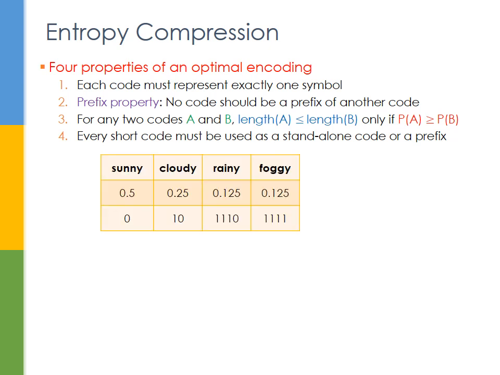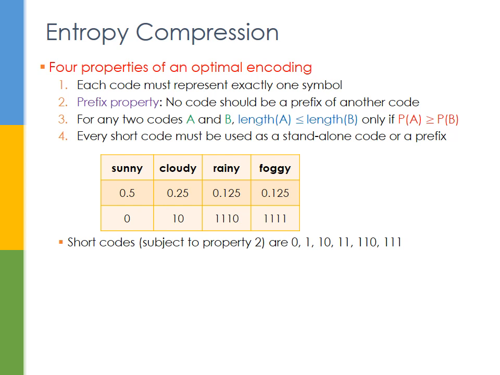So let's look at what this means in terms of this example encoding, again for the symbols sunny, cloudy, rainy, and foggy. The short codes that we need to consider are codes that have a shorter length than the longest codes that exist within this encoding. We can see that the 2 longest codes each consist of 4 bits, which means that we need to consider short codes that consist either of 1 bit, 2 bits, or 3 bits.